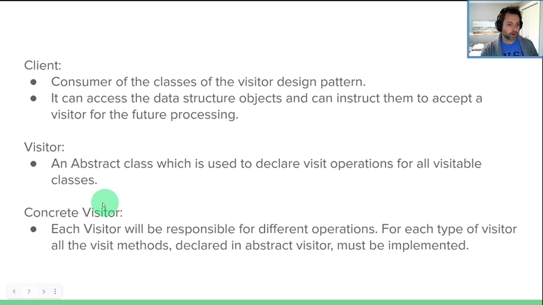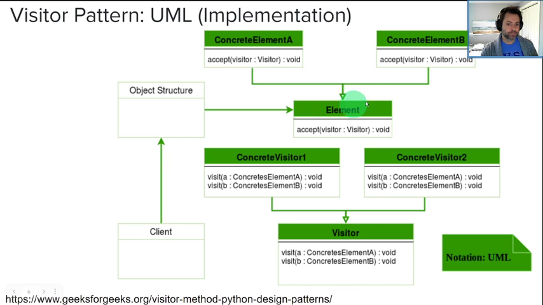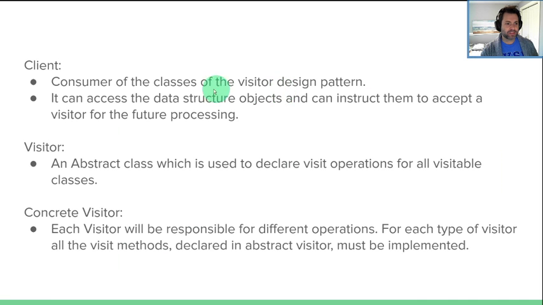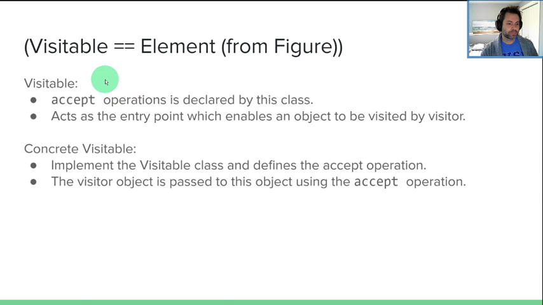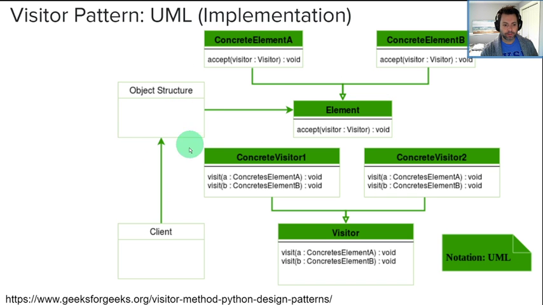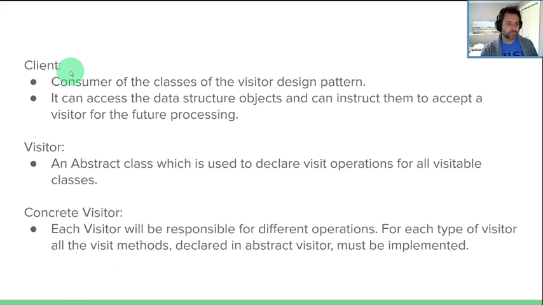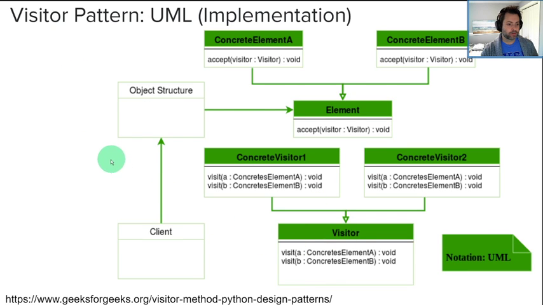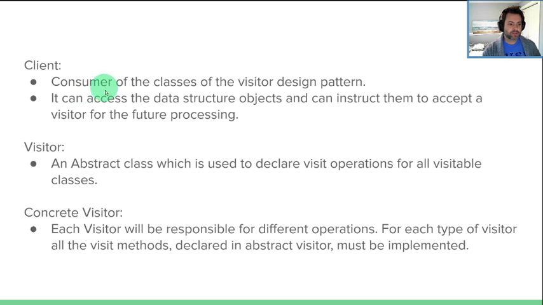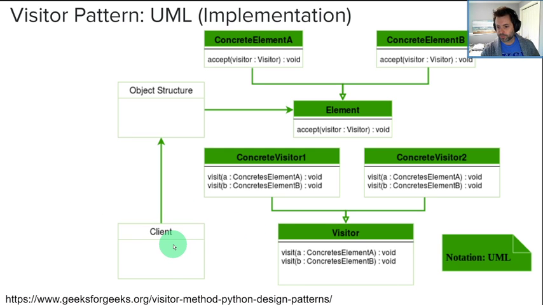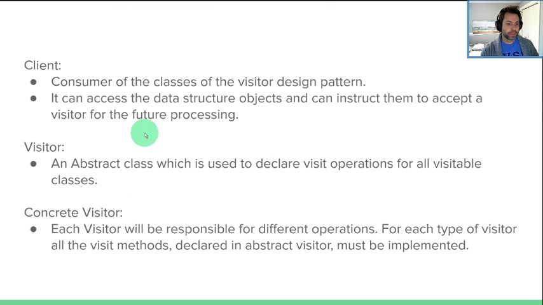Now, what are these actually going to be? So element, sorry, that's the visitable. Here's our client, here's our visitor, concrete, concrete. Basically, the client is going to be our consumer. So this is the thing that we're actually going to be dealing with here.